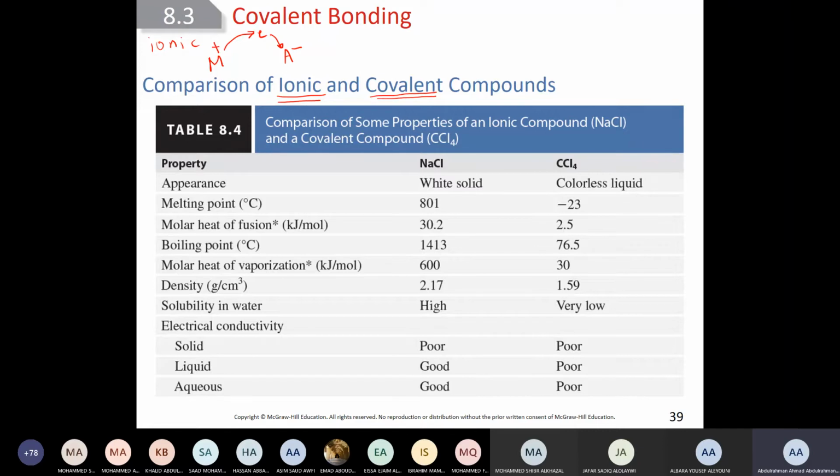And then what will happen? They will attract each other by what? Electrostatic force. The bond will be formed by attraction. I will take this away.